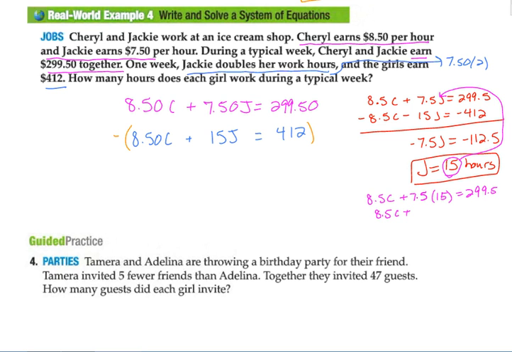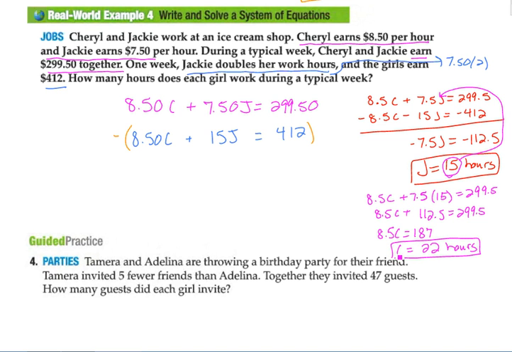7.50 times her 15. So Jackie ended up getting $112 of that $299.50. If we subtract that from the $299.50, Cheryl then received 187 of those dollars. Well, dividing that by 8.5, it looks like she ended up working 22 hours.